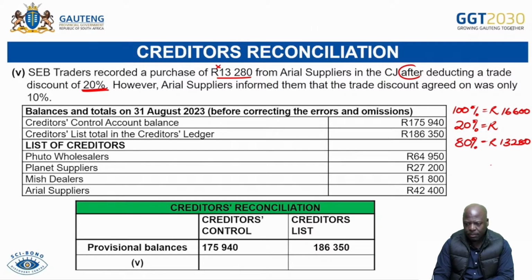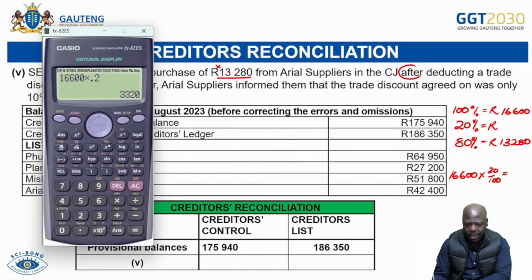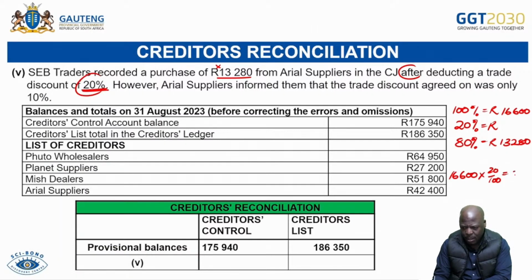Now, what we did was we took that 16,600 and gave a discount of 20%. So it's 16,600 and we calculated a discount of 20%, which would be 3,320.